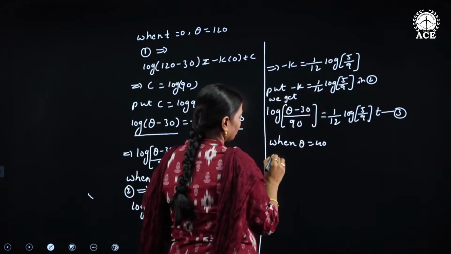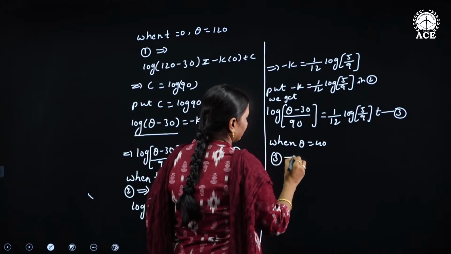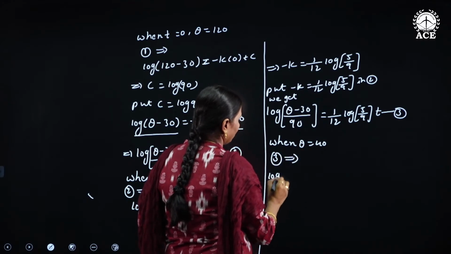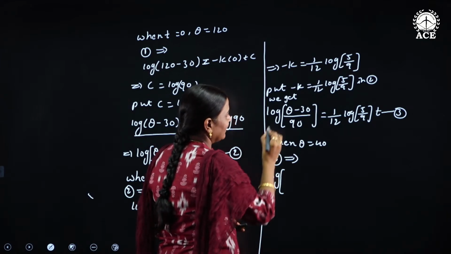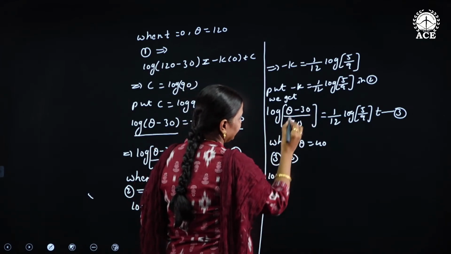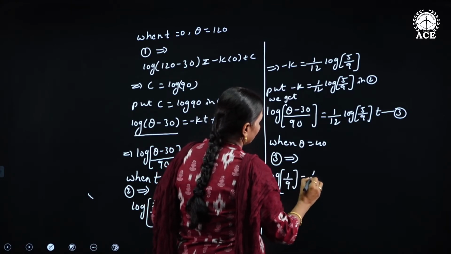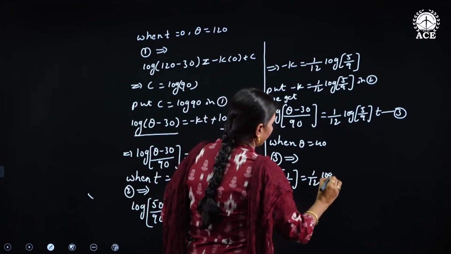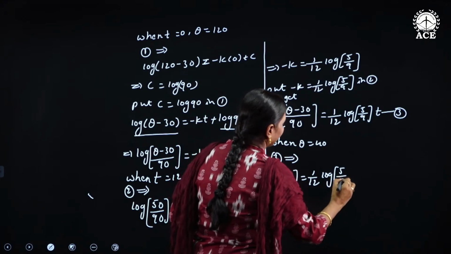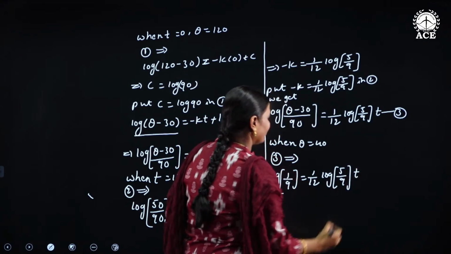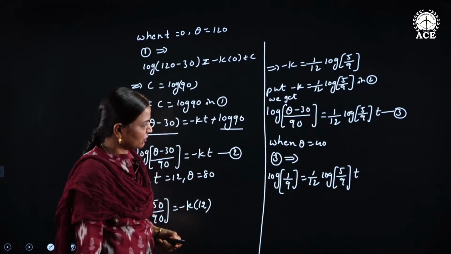If you consider it is equation number 3, when theta is equal to 40, equation 3 becomes, how to write? Log of, what is the theta? 40. 40 minus 30, 10. 10 by 90 is 1 by 9, is equal to 1 by 12 into log of 5 by 9 into t. So from this equation, simplify for t.